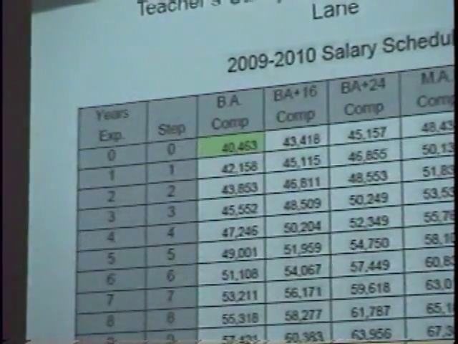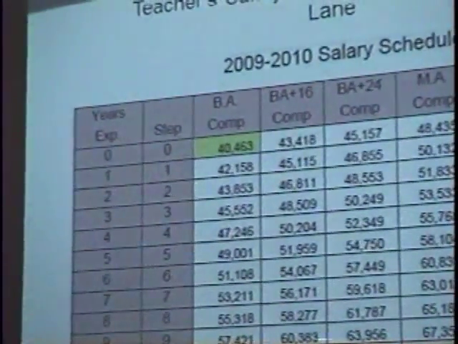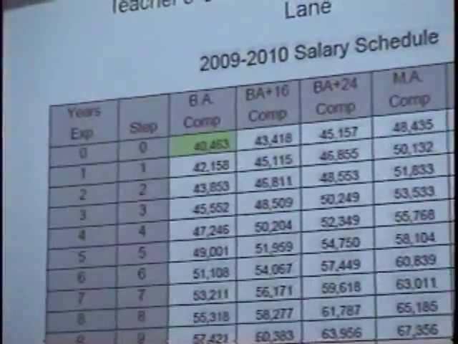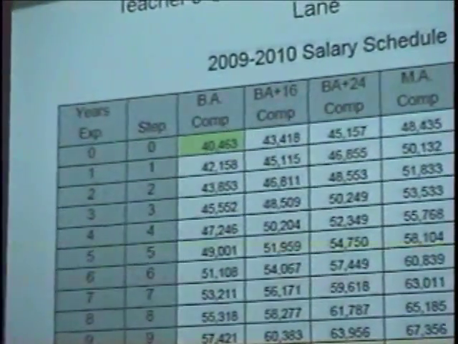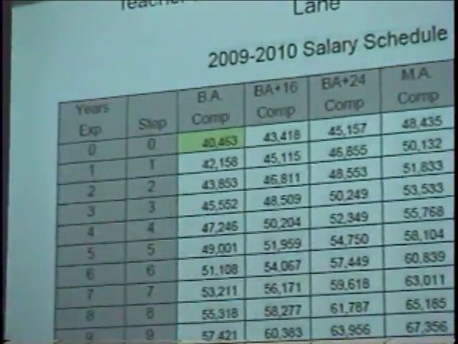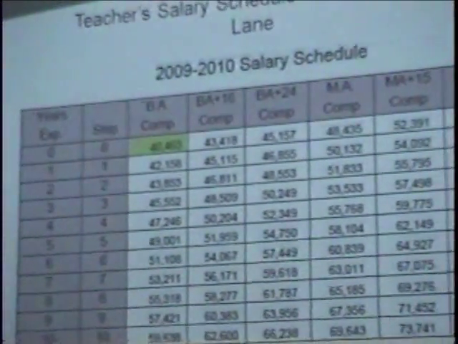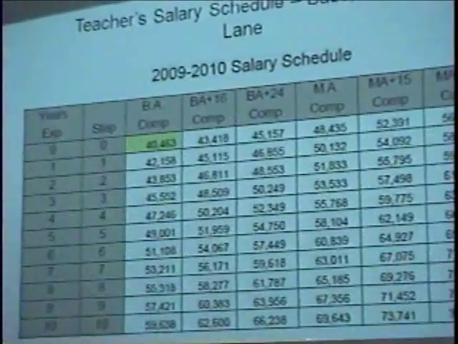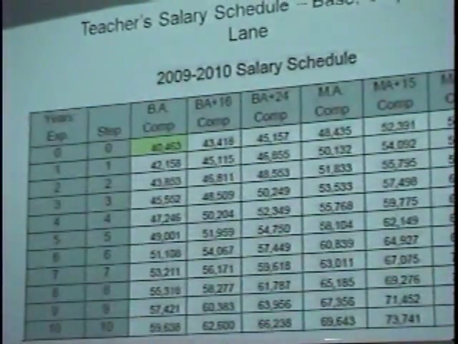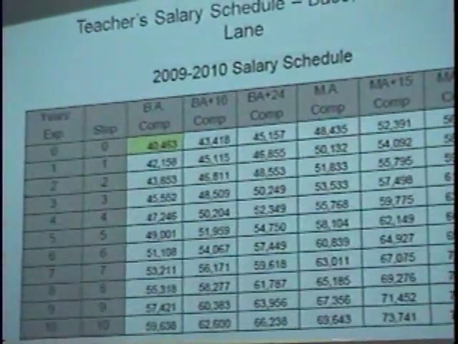The top line there describes a person's education, okay? So she starts out with a BA, with her bachelor's, and she's at her first year, and so she's at $40,000. Now, as she moves along to the next year, again, it'll be the next salary schedule, so it'll be a whole different set of numbers to determine base, okay? The next is, as you move down the column, that is a step increase.